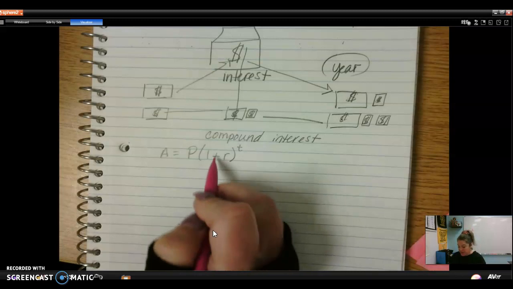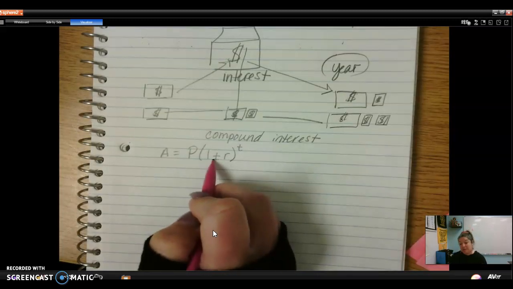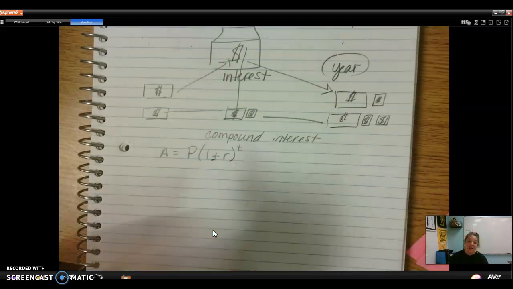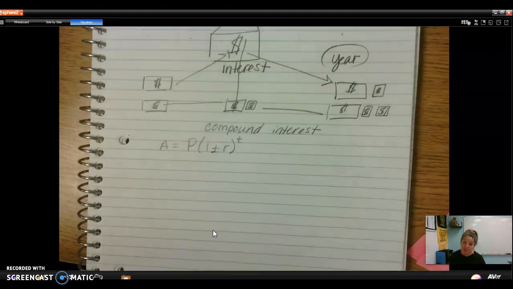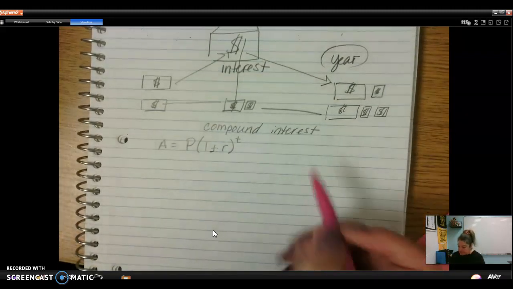Now keep in mind, this particular formula also had the minus sign because of decay. I promise the bank, if you leave your money in there, it's not going to take money away from you for leaving your money there. They're going to take money away from you for other things, but not for that.